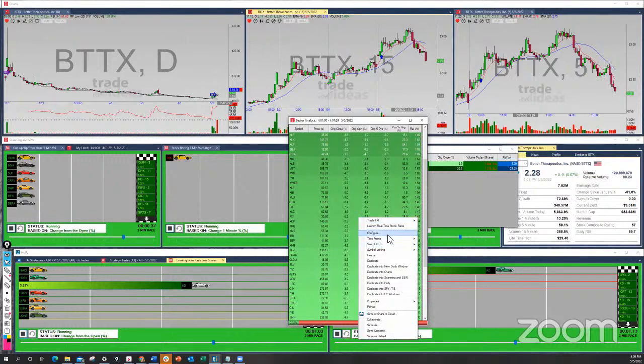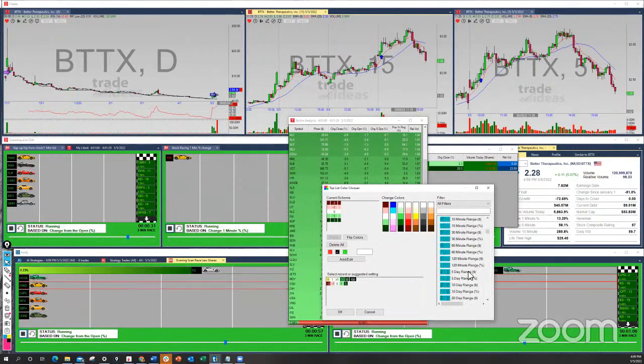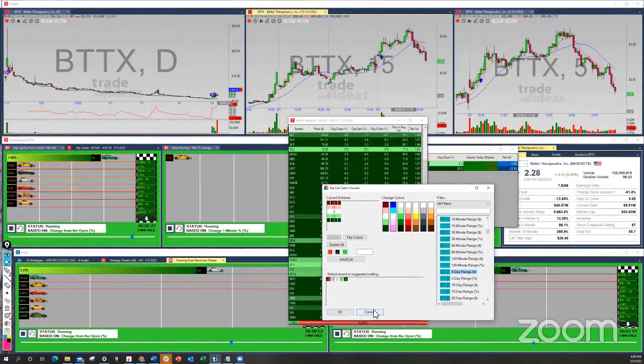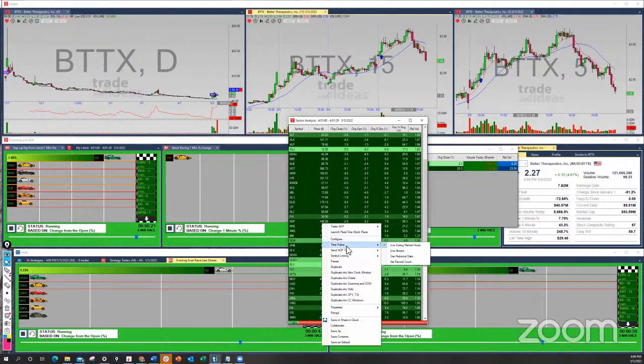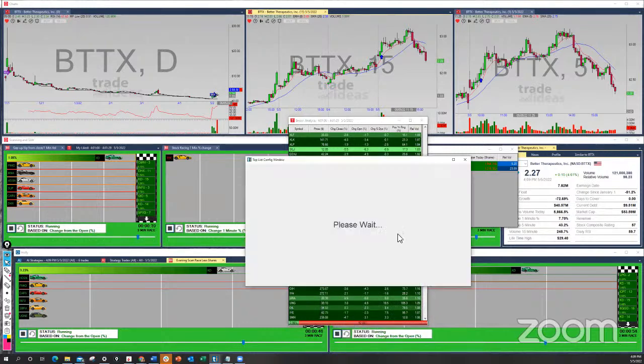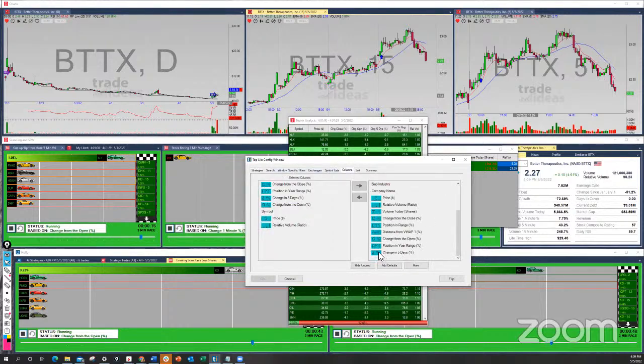Or we could even, again, mess with the colors here. We can go with 5-day range, for example. And press OK again. And configure, I'm going to add the 5-day range column there.